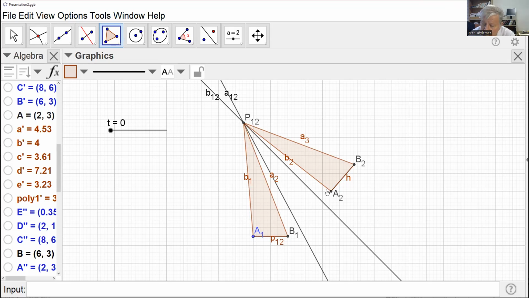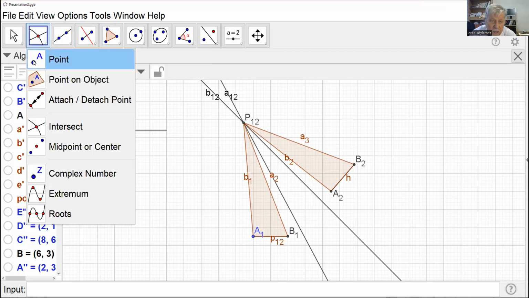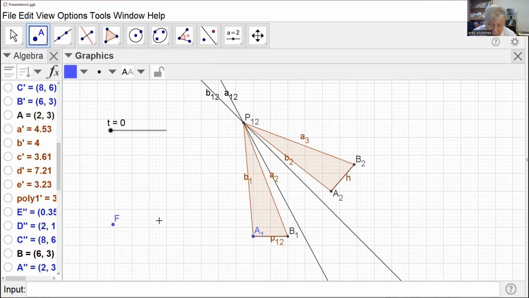Can somebody tell me why? Because of the property of perpendicular bisectors. Let me select 2 points.